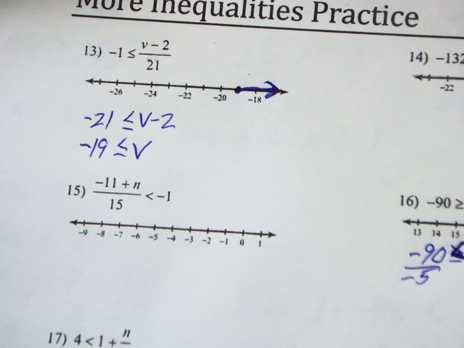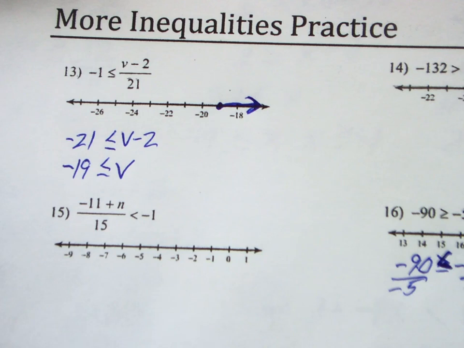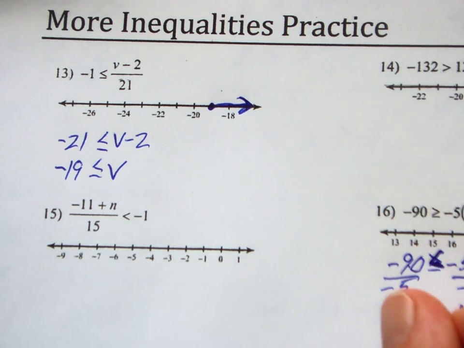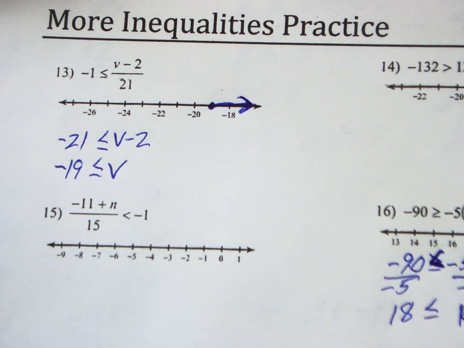Okay, negative 5 divided by negative 5 is 1, so this just becomes k minus 3. Negative 90 divided by negative 5 is a negative divided by a negative. Becomes what? Is that 14? No. 16, right? No. 18. Sorry, 18. 18 is less than or equal to k minus 3.